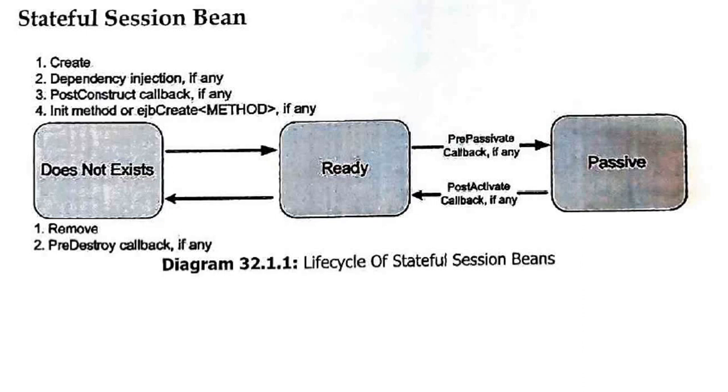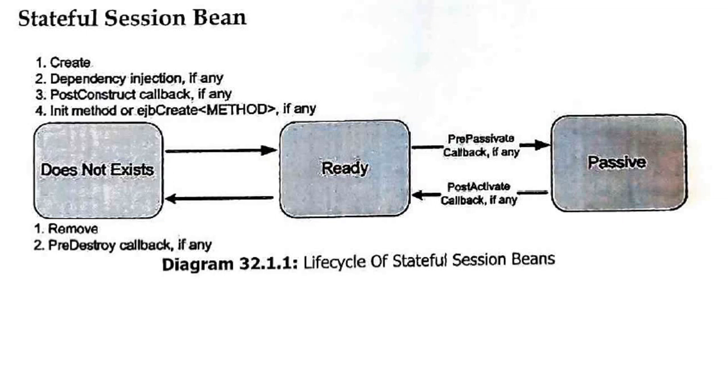We haven't destroyed it yet, it is still present, but it is just in the passive state. Now if the client invokes the method on the bean when it is in the passive state, it cannot directly reply to that method. It first has to get to the ready state.